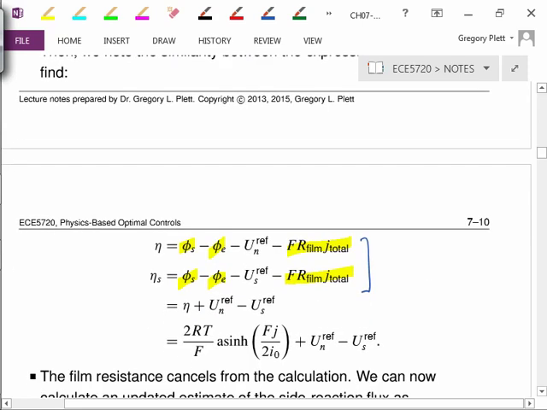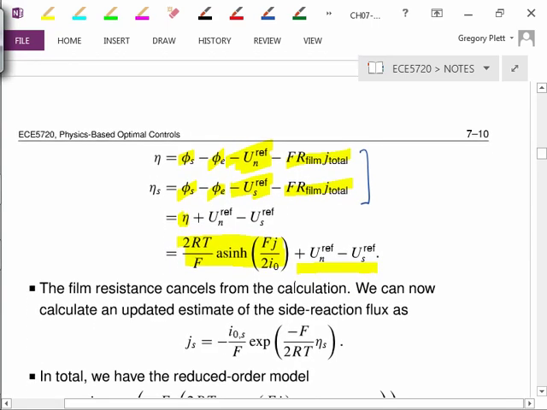So eta s is really equal to eta plus this to get rid of that, and then minus this. And since I know what eta is, eta is this 2RT over F times inverse hyperbolic sine of FJ over 2I naught, and then plus this reference minus that reference. We have an expression now for eta s.